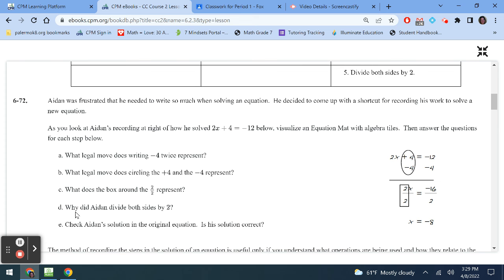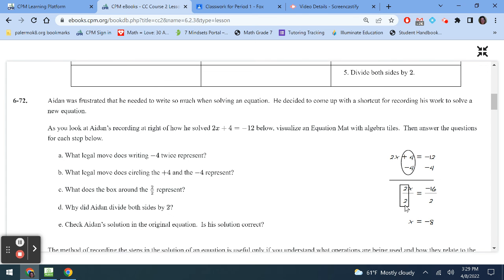Delta, why did Aiden divide both sides by 2? Why did he not just leave that 2x turn into a giant 1 right here is equal to negative 16? Why did he do that? Because we need to keep it equal.